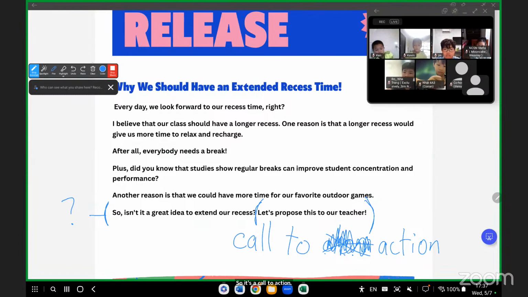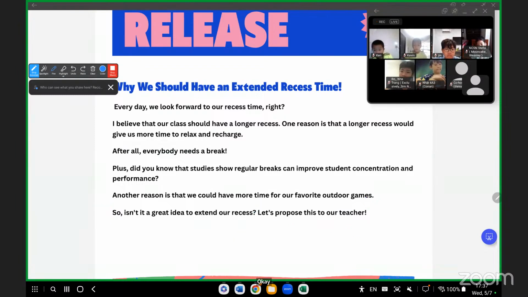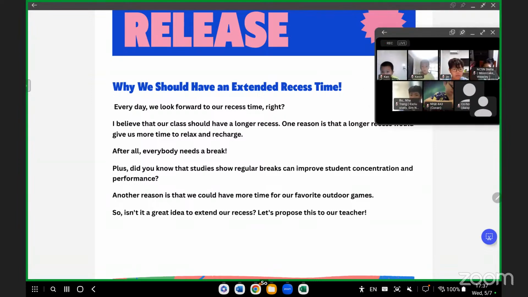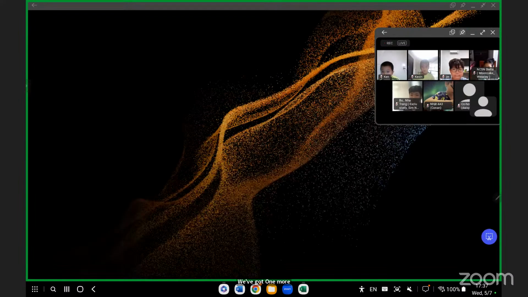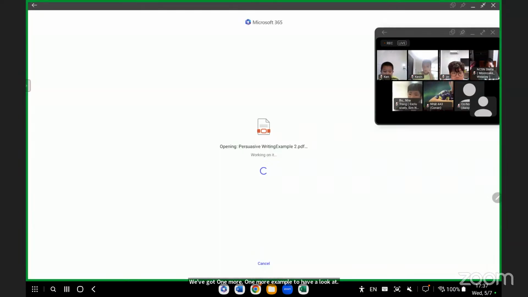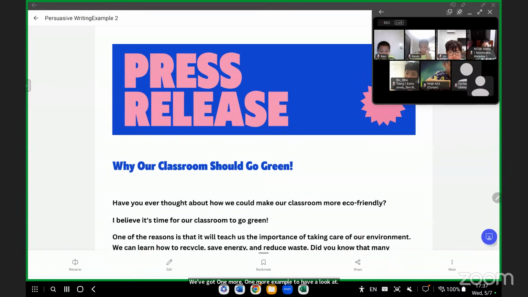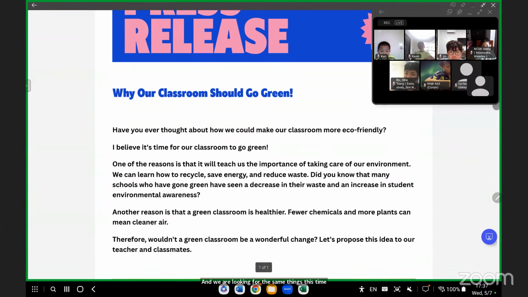Okay. So we've got one more example to have a look at. And we are looking for the same things this time. We're just looking at a piece of writing on a different topic.